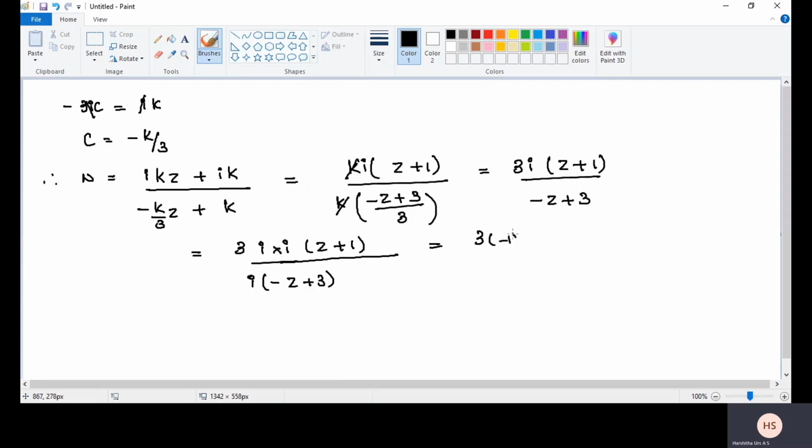So 3 into minus 1 into z plus 1 divided by, here also I will take minus as a common, so z minus 3. So minus minus will get cancelled, remaining will be 3z plus 3 divided by iz minus 3i is the solution.